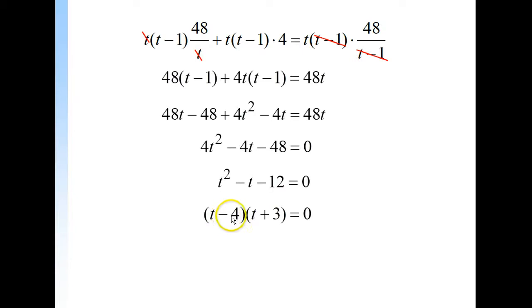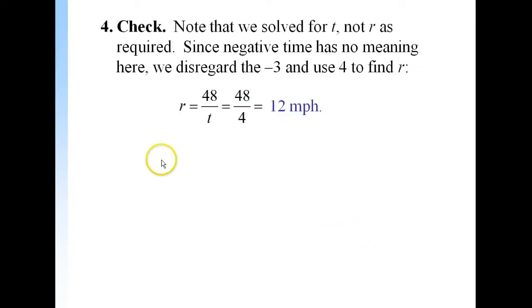And they're putting the negative 4 there, that's fine. And then here, this is where t is 4. Here t is a negative 3. They're going to reject that one. So they discard the negative 3. They use the 4.